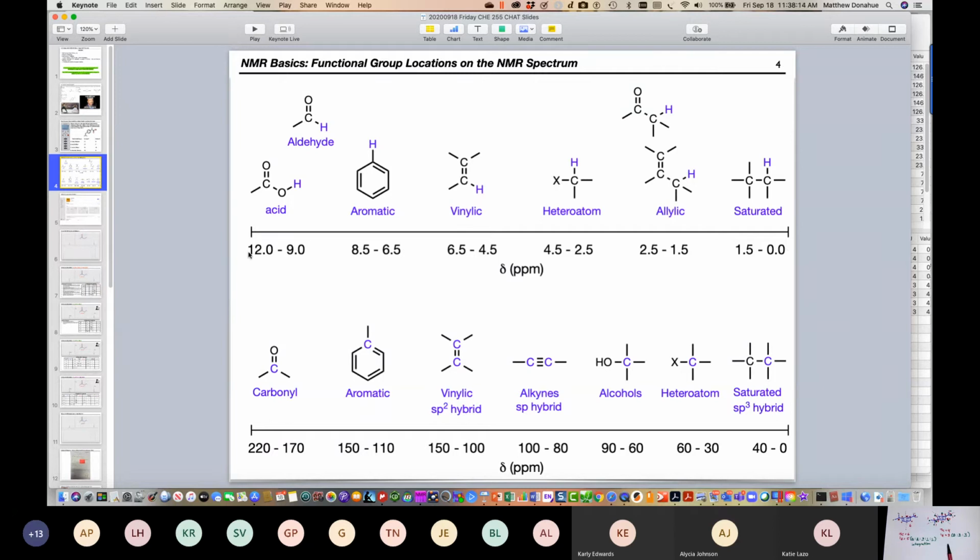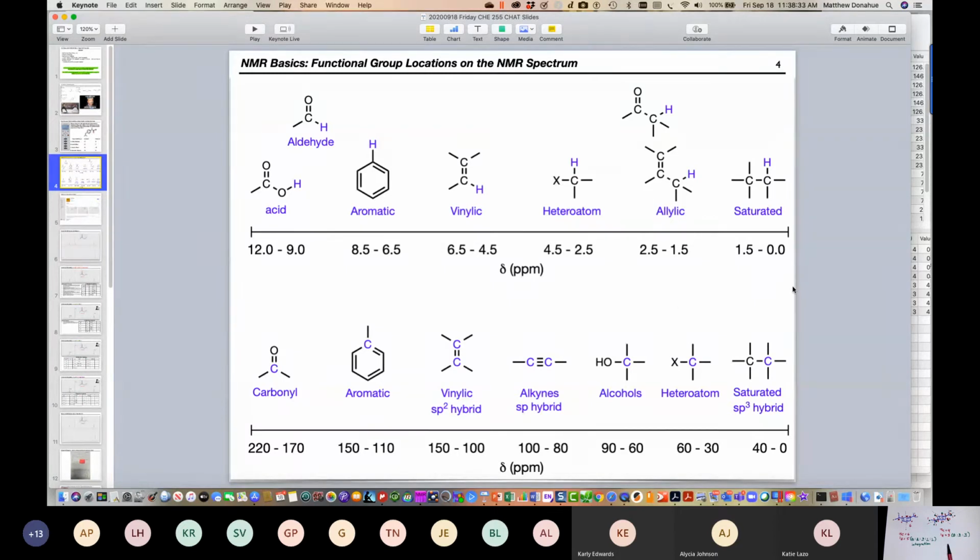I said 10 is typically the region. I'll explain why it goes to 12. The bottom is your carbon NMR. That goes from 0 to 220. So delta is the symbol that you commonly see, and the unit is parts per million, or ppm.